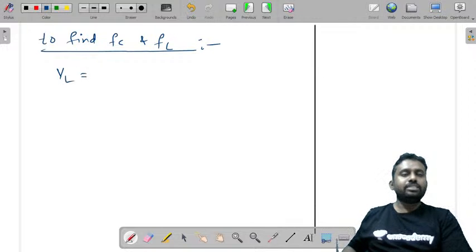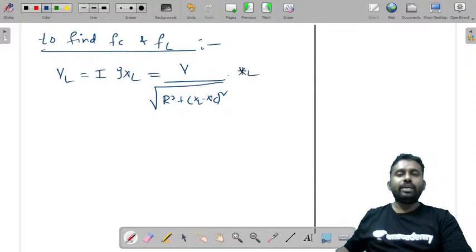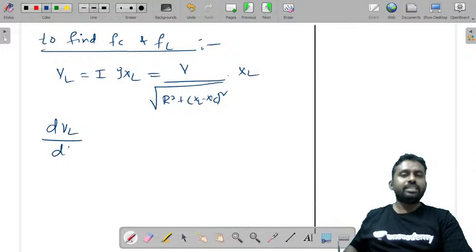Now consider voltage across the inductor. VL is equal to I into jXL, or I into XL. What is I? V by root over R square plus (XL minus XC) whole square, into XL if you consider the magnitude. Differentiate this VL with respect to frequency and equate it to 0.